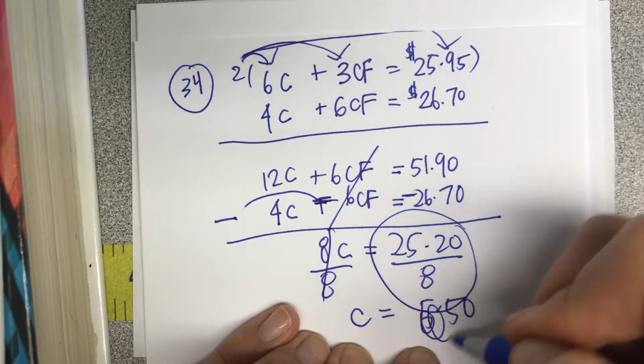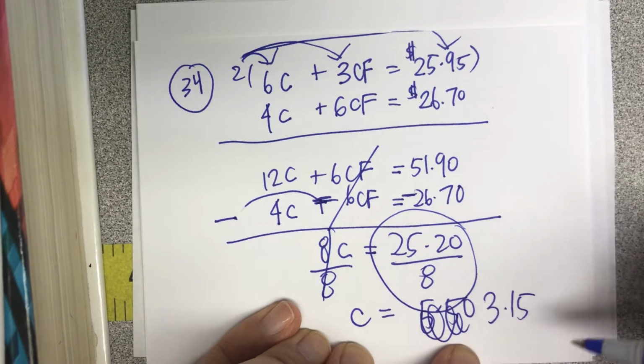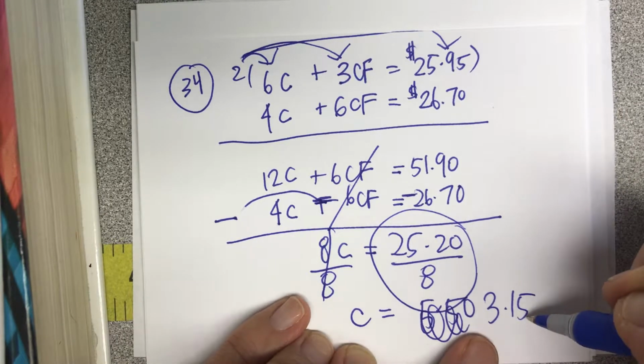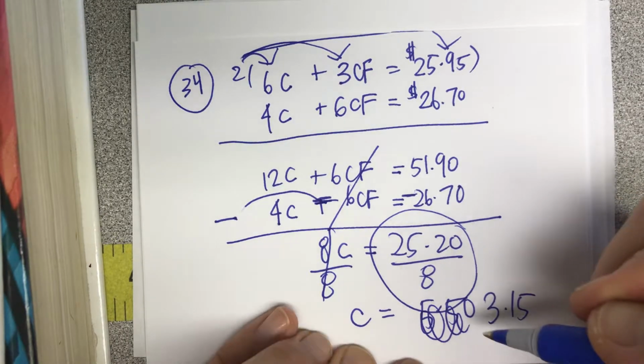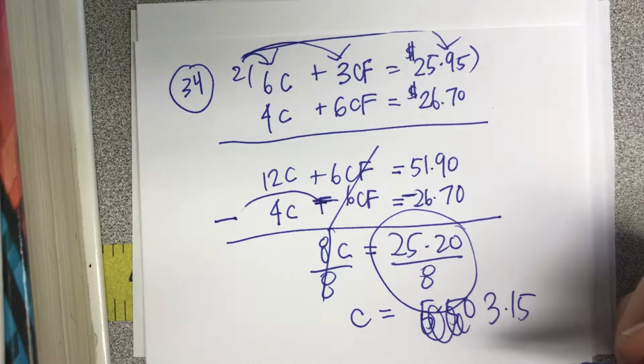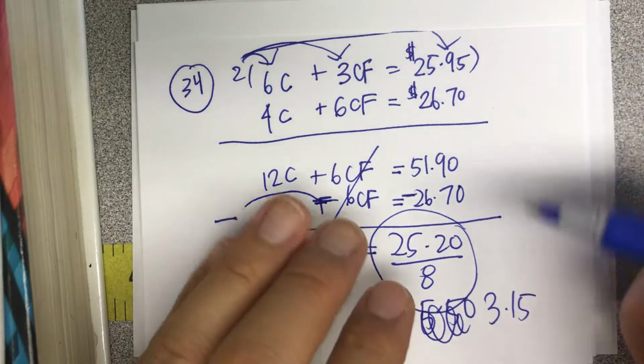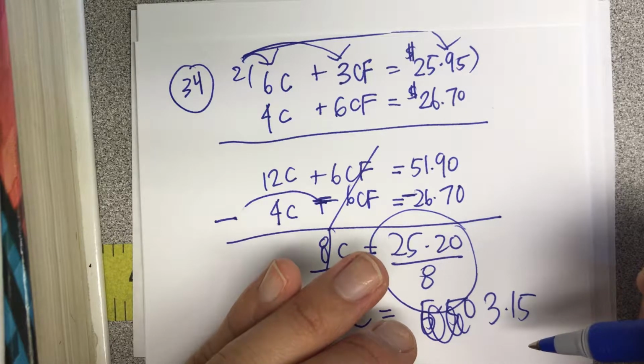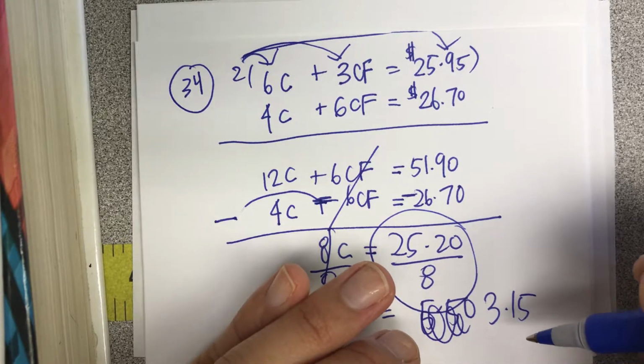Oh, sorry. It'll be $3.15. Okay? So that's going to be $3.15, and they want to know the cup of coffee. So we could just take this and plug it into the second equation.